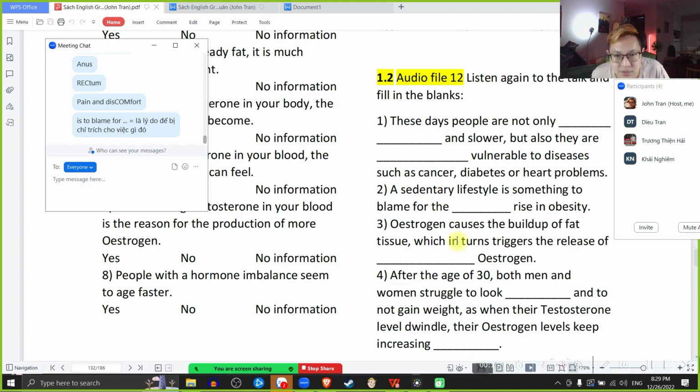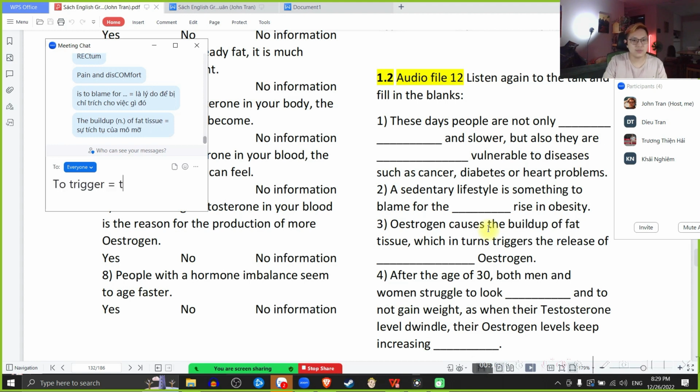Number 3. Estrogen causes the build-up of fat tissues. Hormone estrogen nó gây cái sự mà the build-up of fat tissue, sự tích tụ của mô mỡ, fat tissue, which in turn triggers the release of something. Mà theo lượt nó trigger.